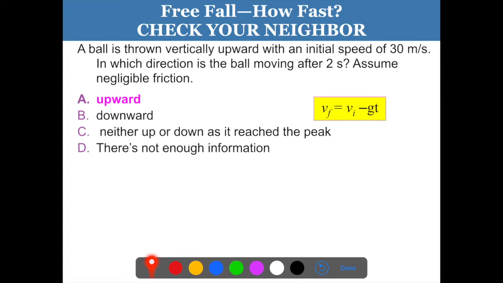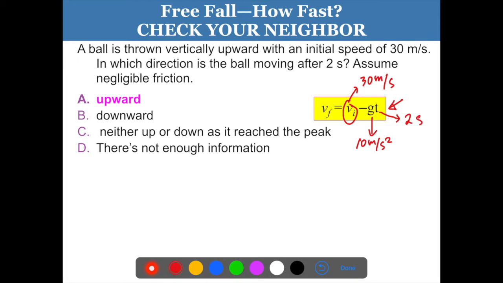All right, so if you answered that the ball is moving upwards, then you would have been correct. And you can figure that out by calculating using this equation. Given that the initial velocity is 30 meters per second and the gravitational acceleration, you can use 10 meters per second squared as an approximation, you want to find the final velocity after 2 seconds.